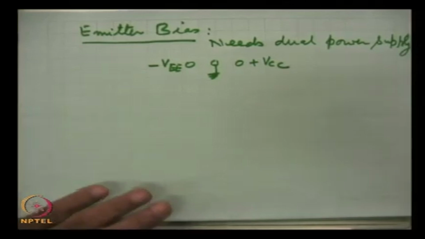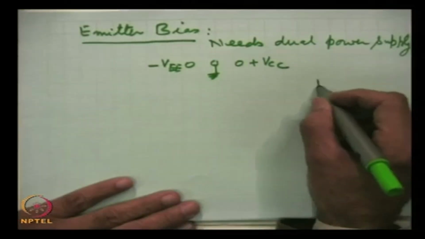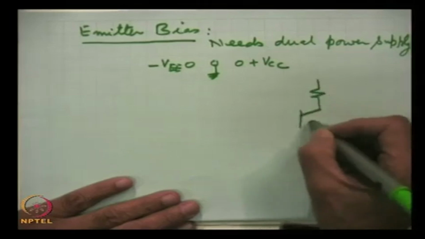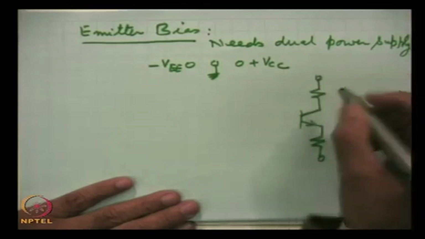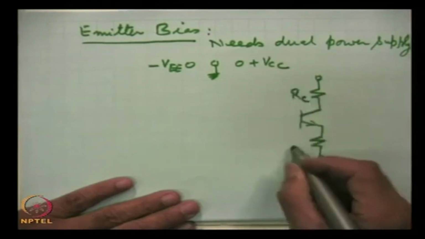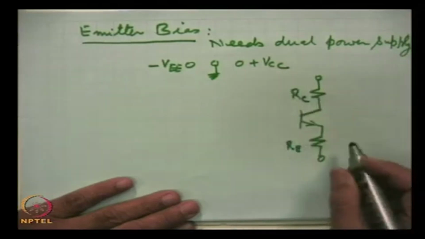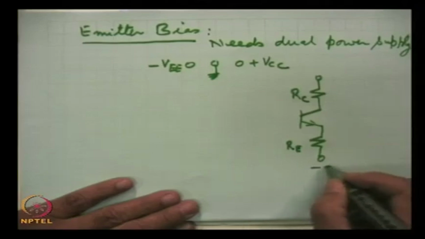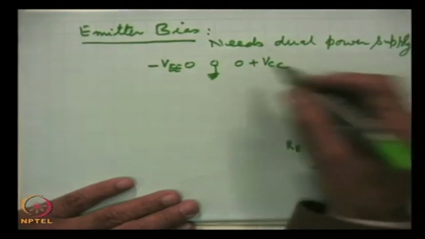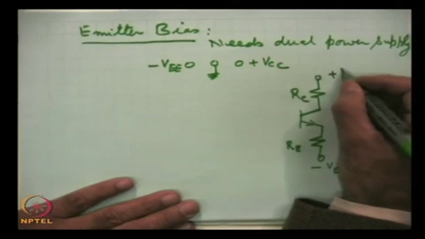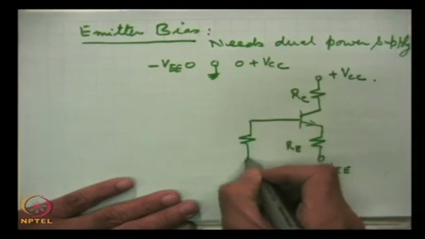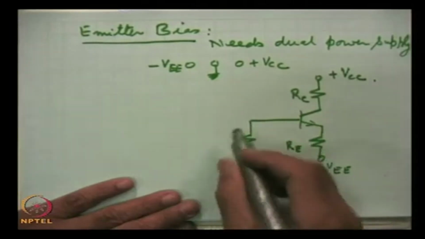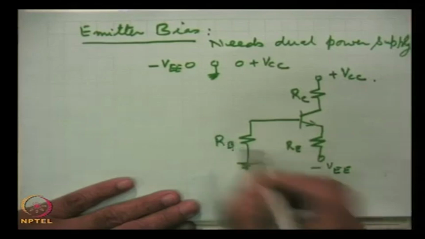Now, the circuit is this. RC, RE, and this is connected to this point, minus VEE, and this is connected from here plus VCC, and then this is RB.